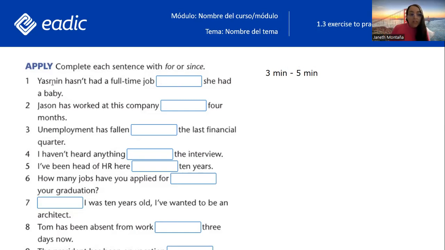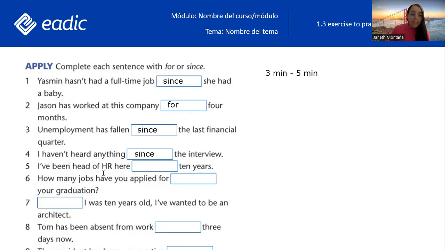For example: Jasmine hasn't had a full-time job since she had a baby. Jason has worked at this company for 4 months, because it's a longer period of time. Employment has fallen since the last financial quarter. I haven't heard anything since, because remember that we use since for something more specific.